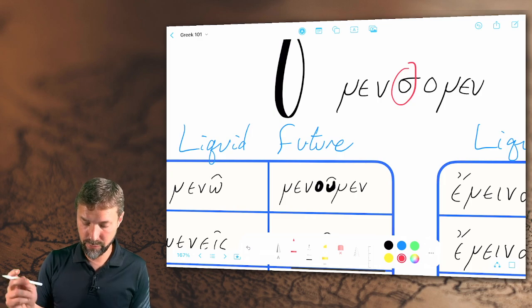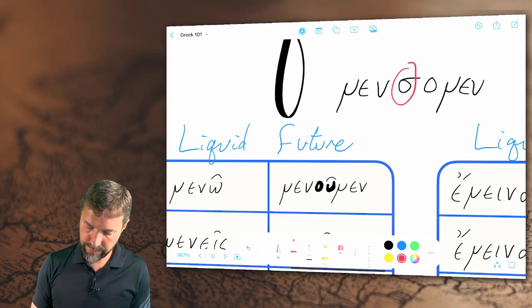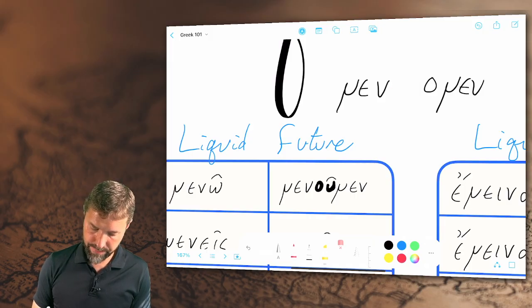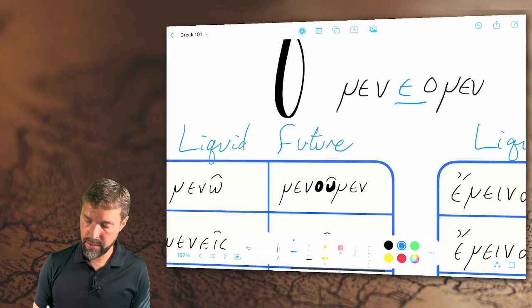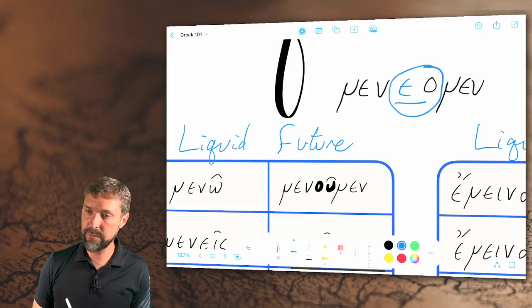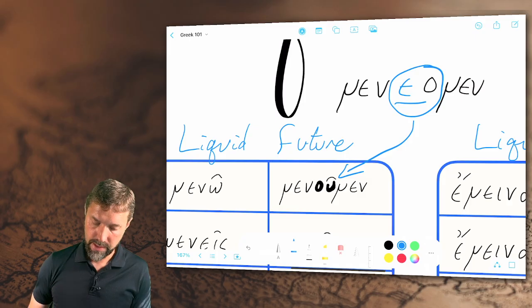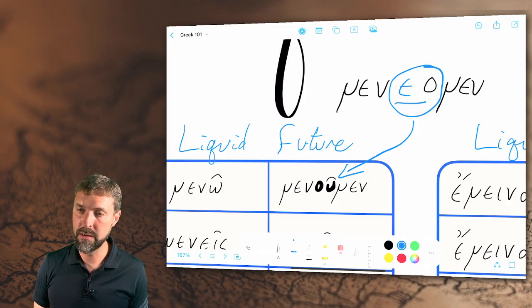The sigma transformed into an epsilon. And you can see that if that happened, I would end up with, right here, a theoretical μεν epsilon omicron. That epsilon omicron, as you've learned, is going to go into an omicron upsilon, contract vowel rules, and I'll end up with μενοῦμεν.